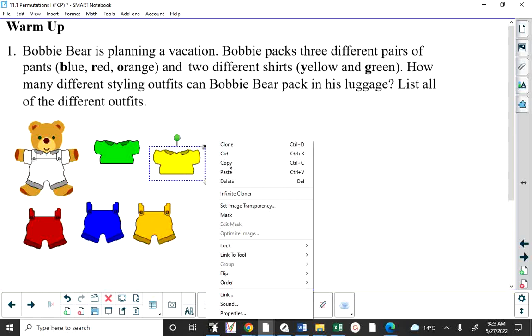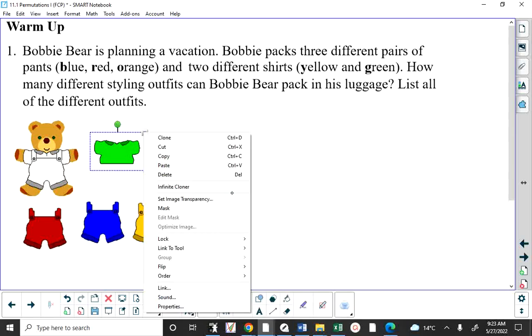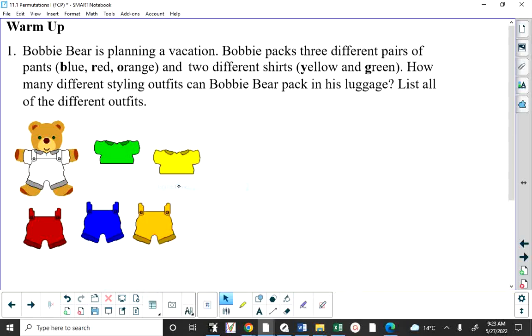And the question is, how many different outfits does he actually have? And clearly you don't need to draw this. What we're going to do is list the outfits using this notation. I'm going to write pants, shirt. And I'll show you what that means in a second.